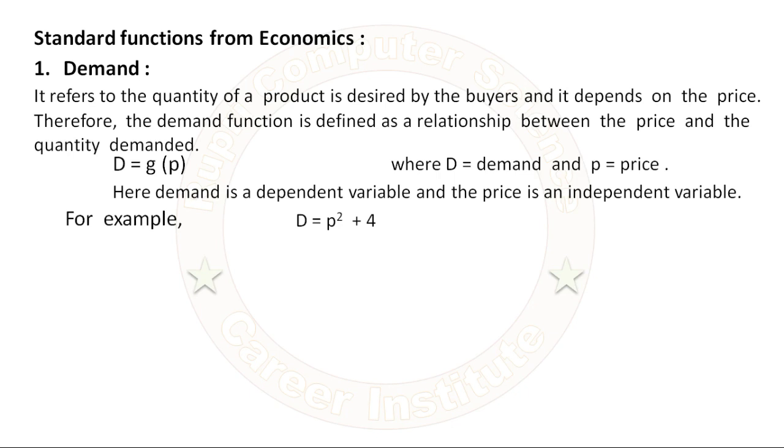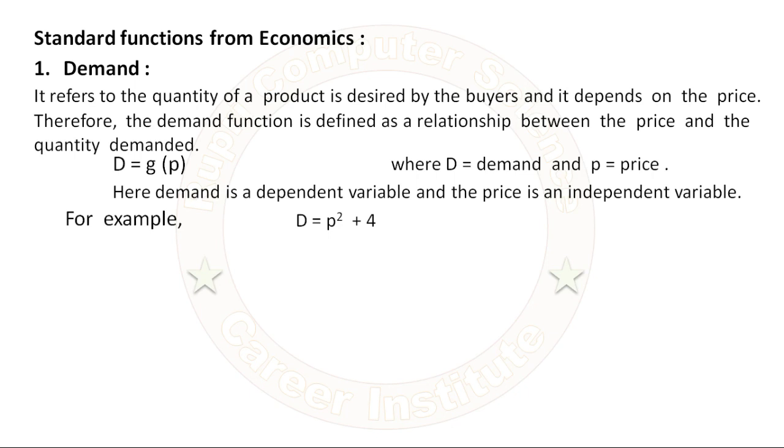Now I put P is equal to 2 in our demand function. Then D is equal to what? 2 square plus 4 means 4 plus 4 is 8. Therefore, when P is equal to 2, D is equal to 8. When P is equal to 1, D is equal to 5.